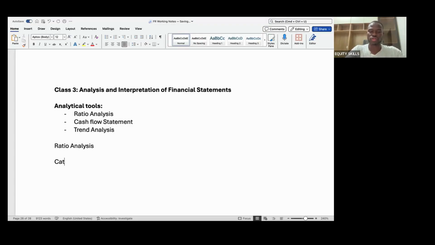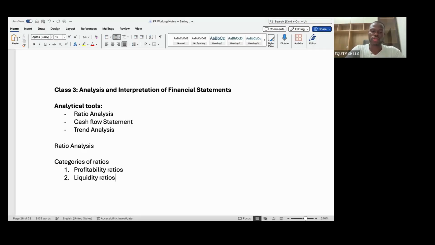So let me go straight to categories of ratios that we have that can help us to analyze and interpret financial statements. There are 5 of them. The very first is profitability ratios.